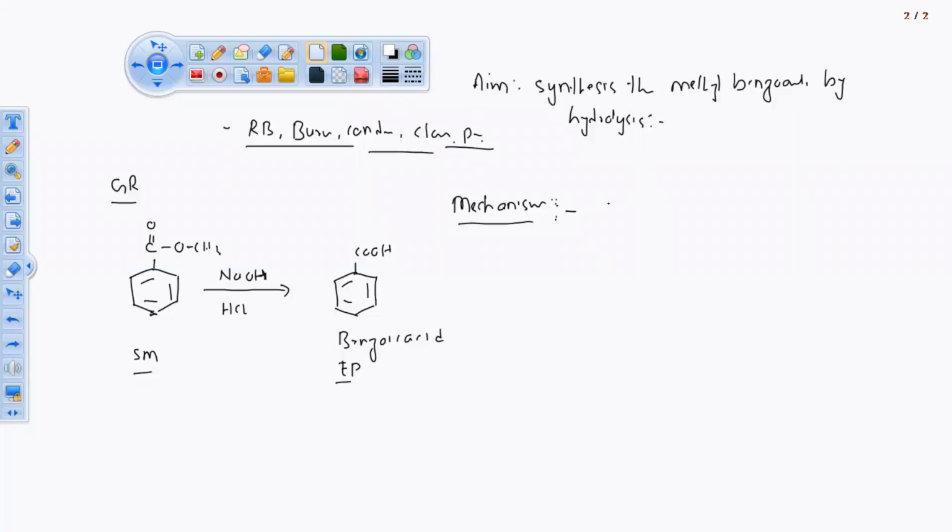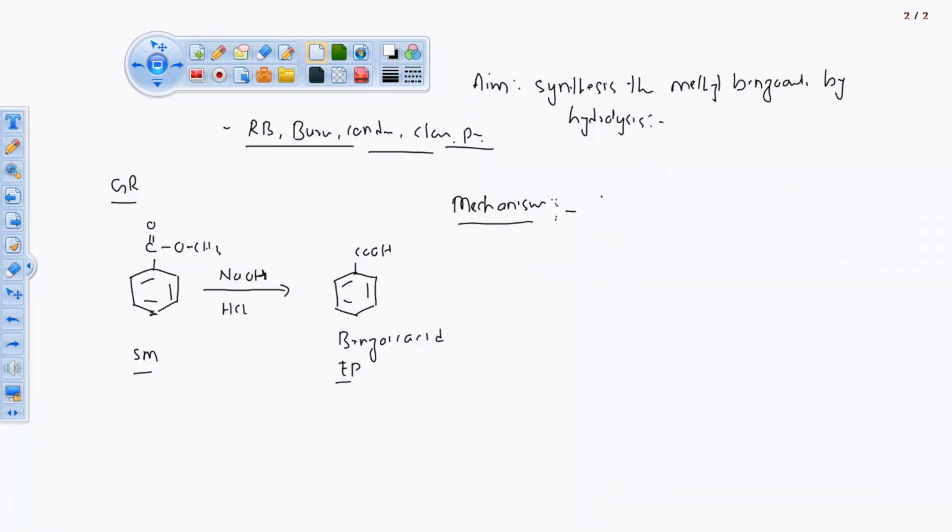Okay. Now the first step of the mechanism is attack by conversion of catalyst into electrophile or nucleophile. Now the electrophile will get generated in the sodium hydroxide. From sodium hydroxide we are going to generate the electrophile and nucleophile both. On the basis of that, this will also convert into nucleophile or electrophile.